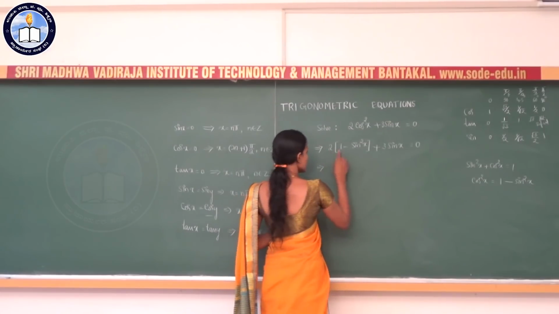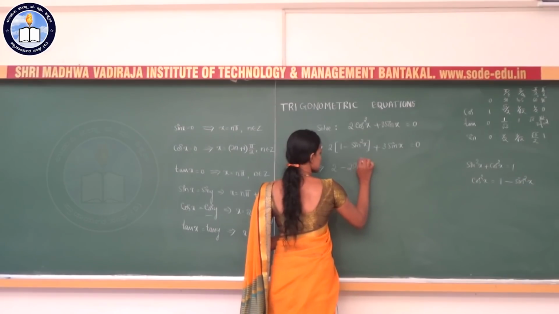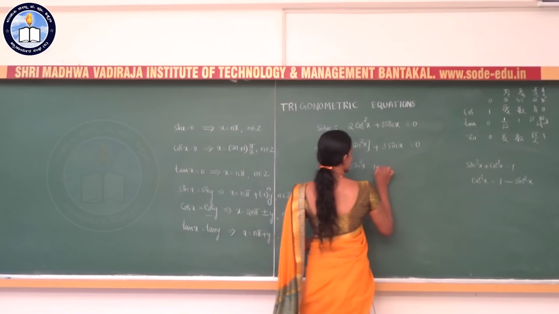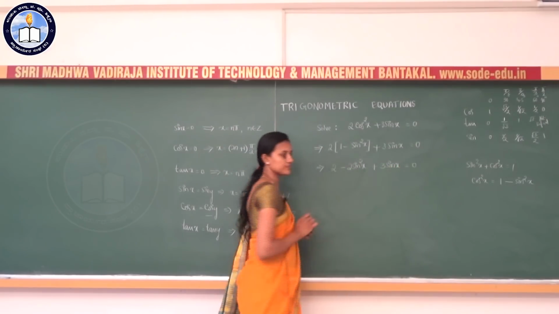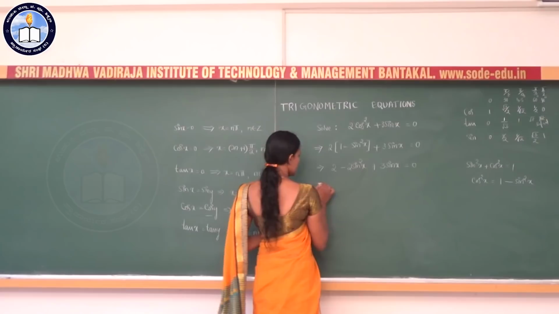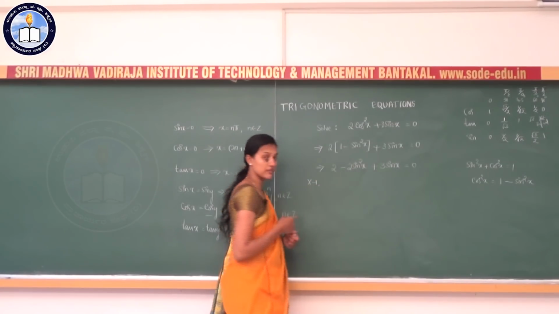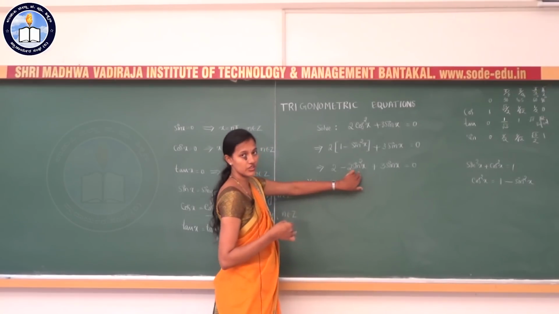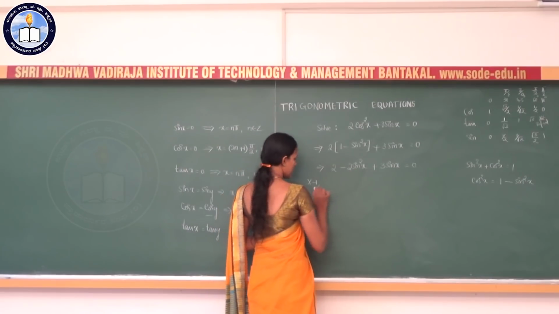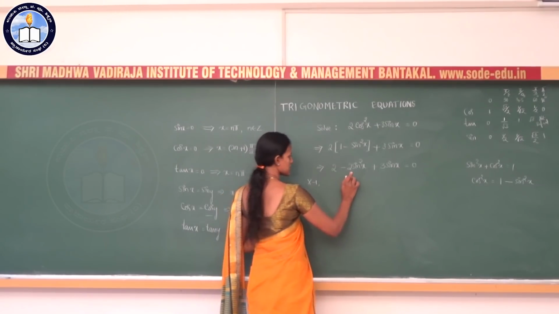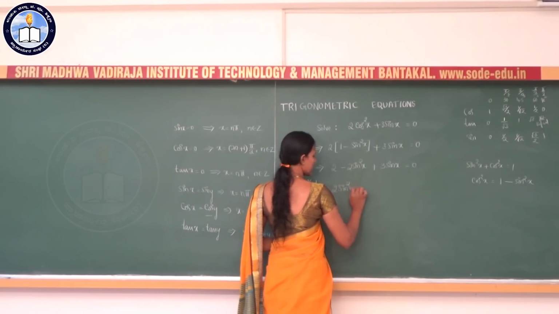That is 2 minus 2 sin square x plus 3 sin x. Or we can rewrite this equation by multiplying by minus 1, so that the coefficient of sin square x is positive. Minus 1 into minus 2 sin square x is plus 2 sin square x.